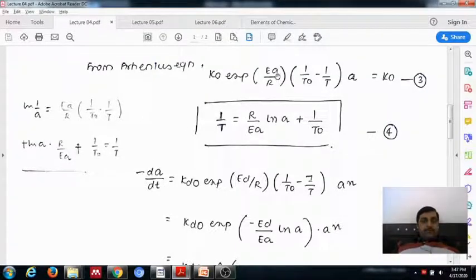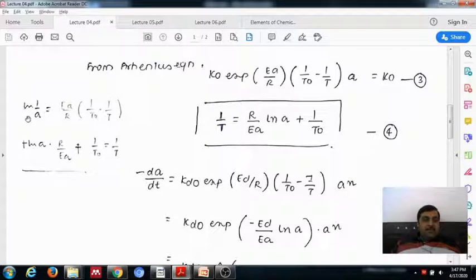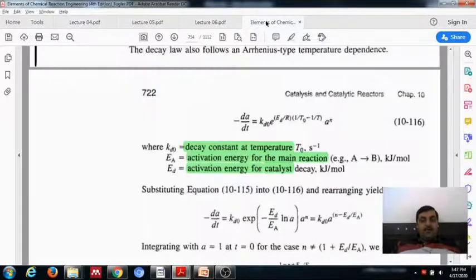What we are trying to replace is 1 by R, 1 upon T0 minus 1 by T. This Ea goes on the other side, so this becomes minus ln A upon Ea.